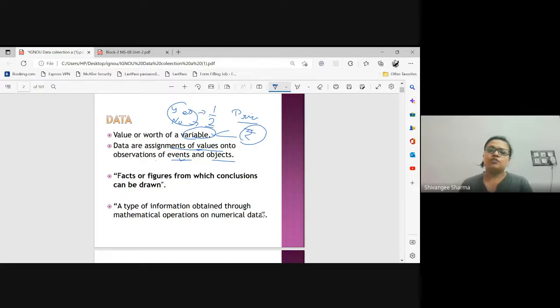So facts or figures from which conclusions can be drawn can also be considered as data. The facts or figures from which you can draw some conclusions or inference are actually the data. Or it can be a type of information obtained through mathematical operations on numerical data. Any type of information which is obtained.